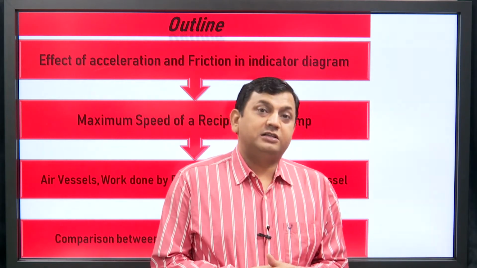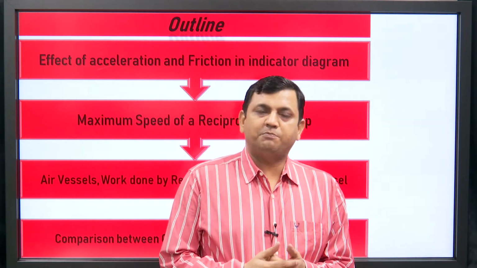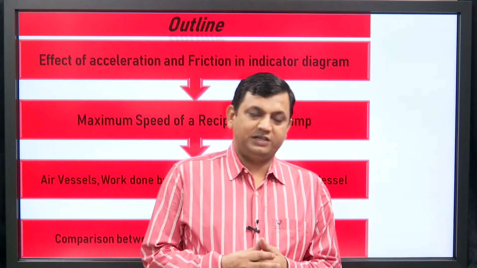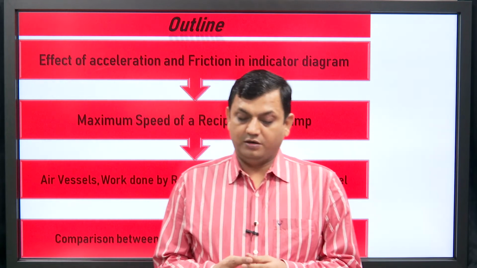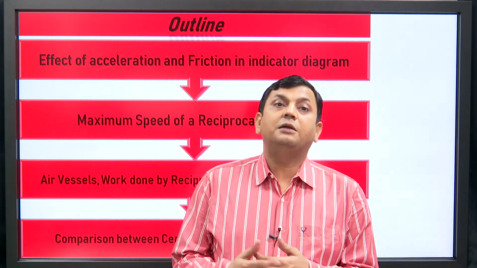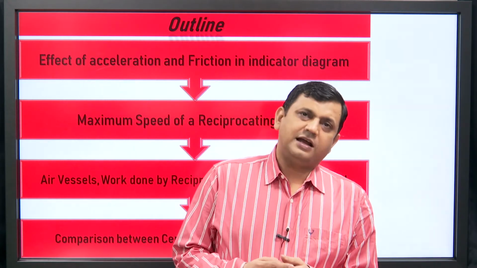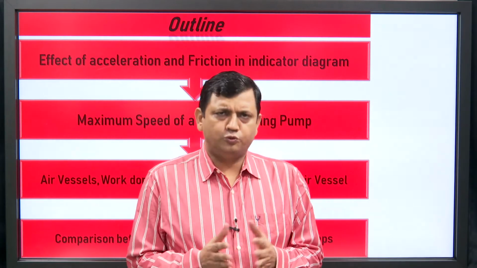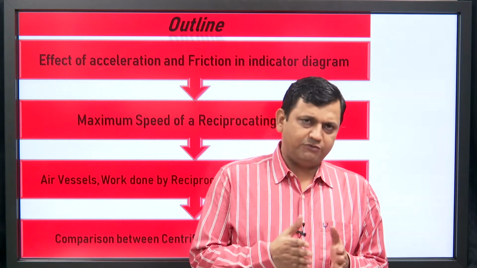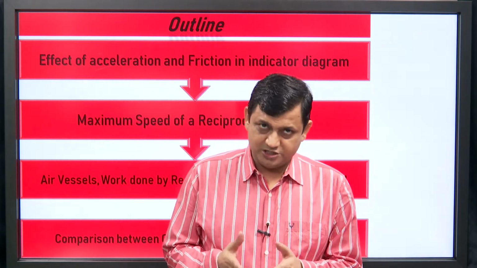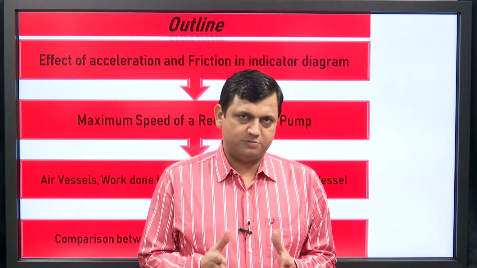Then, for power saving, we discuss air vessels, the work done by the reciprocating pump with and without an air vessel, and at last we compare two different types of pump: one is the centrifugal pump, another is the positive displacement pump, that is the reciprocating pump.